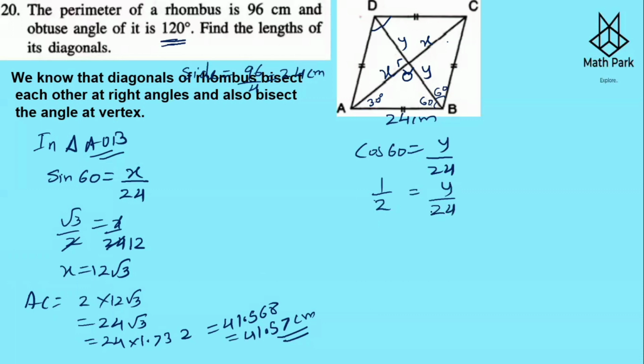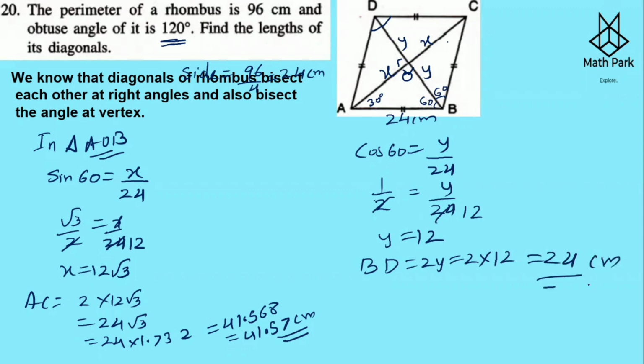So 2 ones are 2 and 2 12s are 24. So we get y is equal to 12. And then the diagonals bisect, so diagonal BD is equal to 2y, that is 2 times 12, which is 24 centimeter. So thus we are done with the entire exercise 24, children.